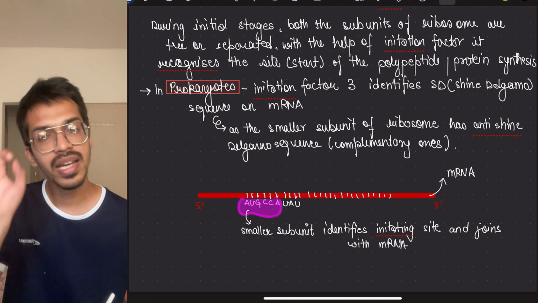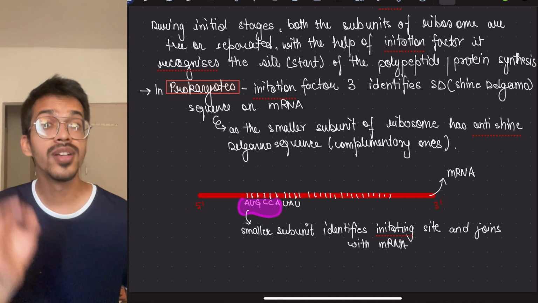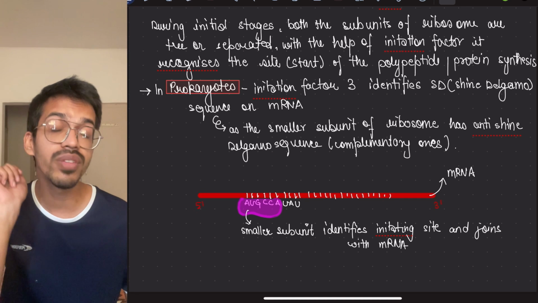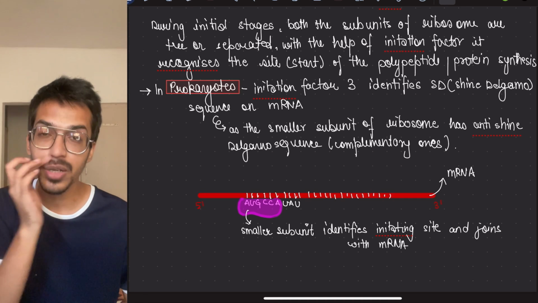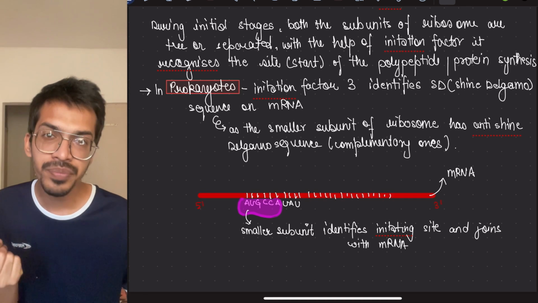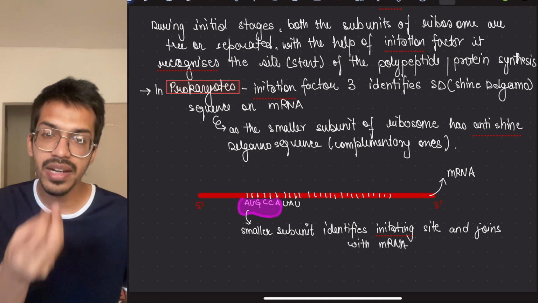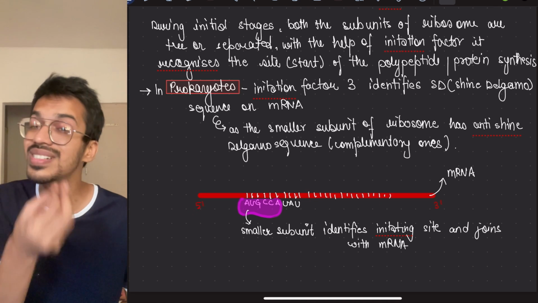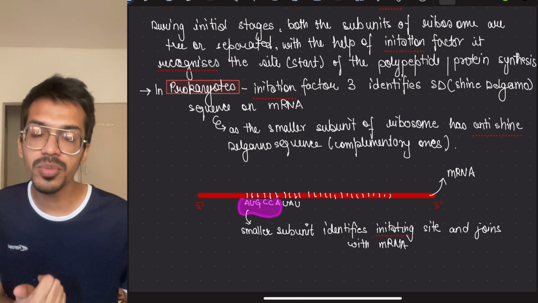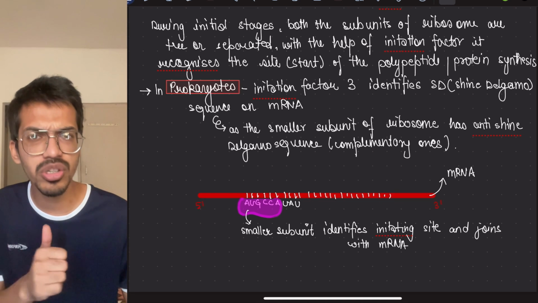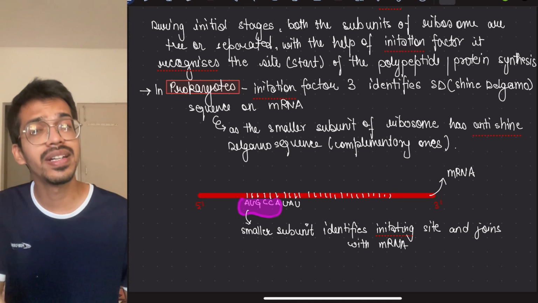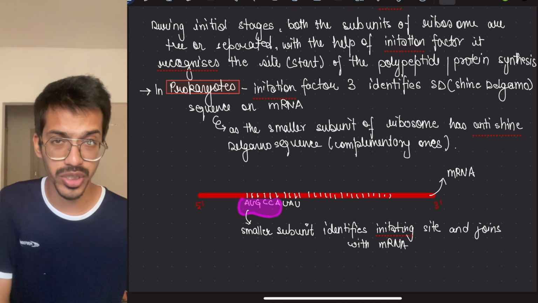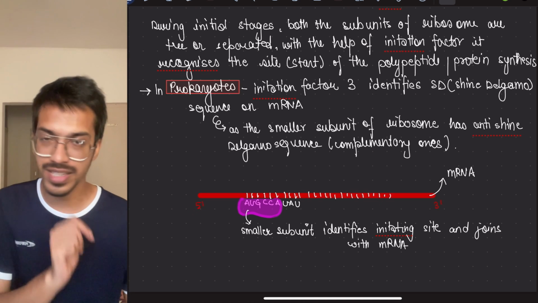It will help the identification. So capping and tailing have different functions. One function of capping was to make the mRNA more stable in the cytoplasm, or else it will easily get degraded. The second thing is it helps in identification of the initiating site in the translation process.